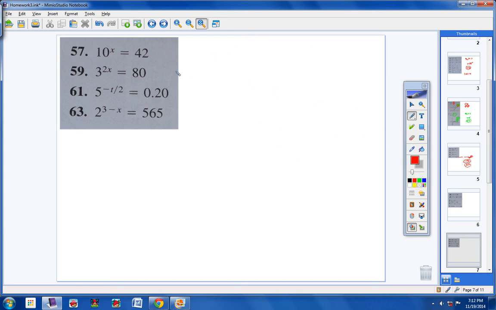Okay, 59. There's no way you can write both sides with the same base. So the base of my unknown is 3. So I'm going to write log base 3 of 3 to the 2x equals 80. Okay, there we go.